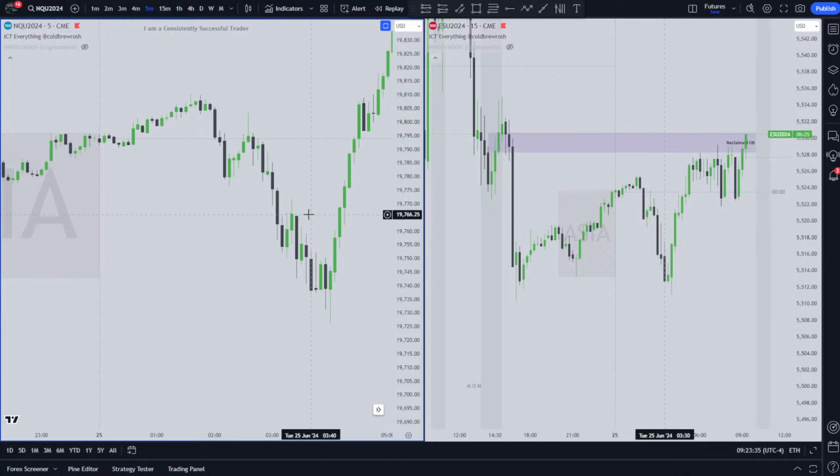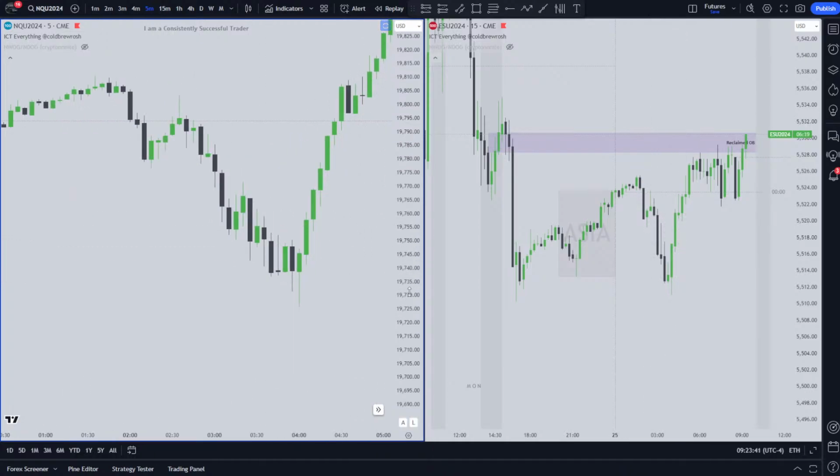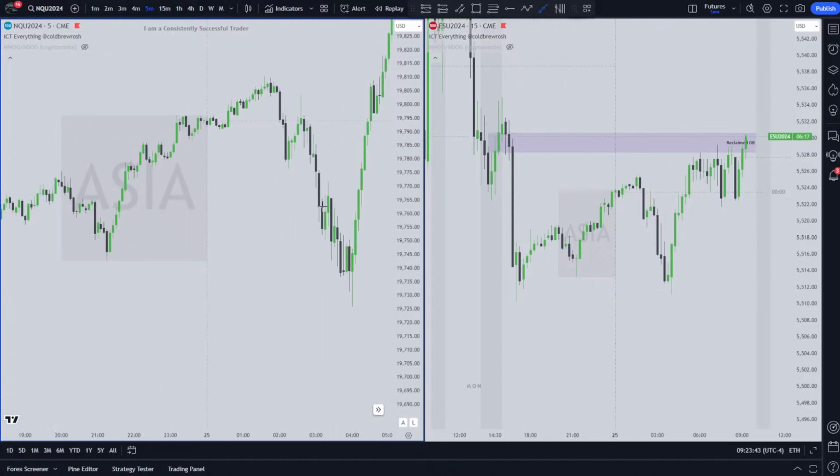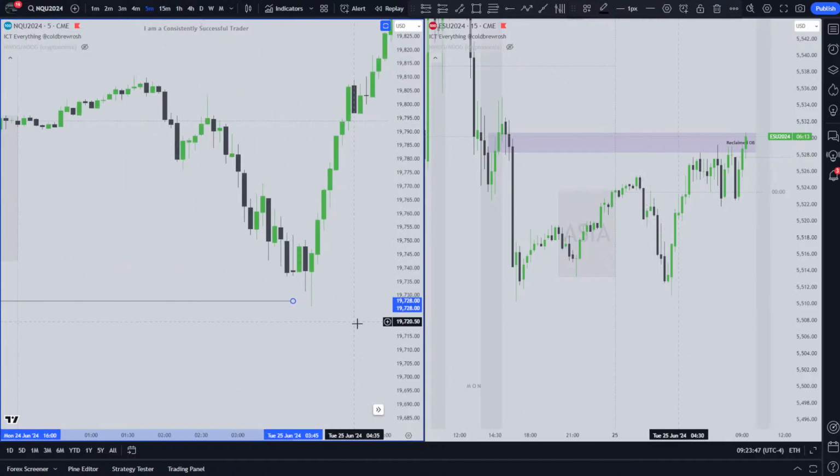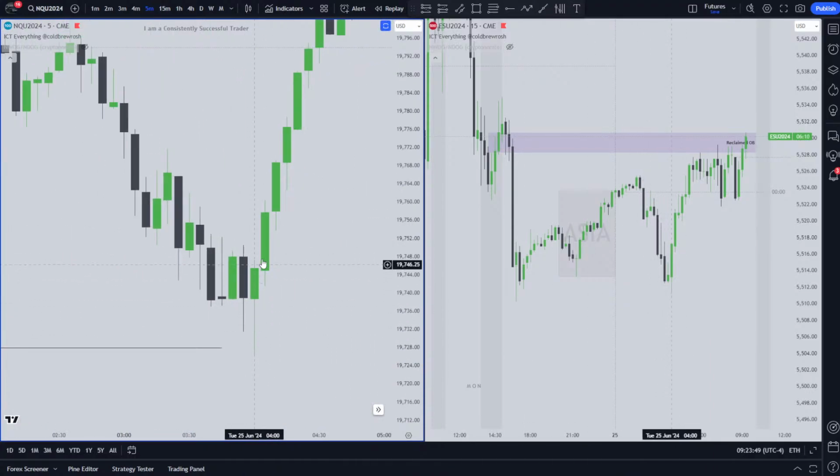Yeah, okay, so here we go. Here's something I can show. That's a good little bit of help. Imagine we've swept this low now, and price is now expanding higher. You do want to keep in mind the higher time frames and what they're showing.